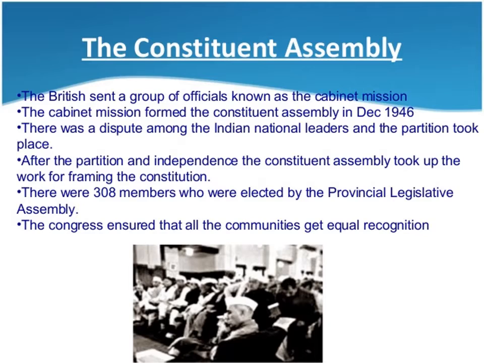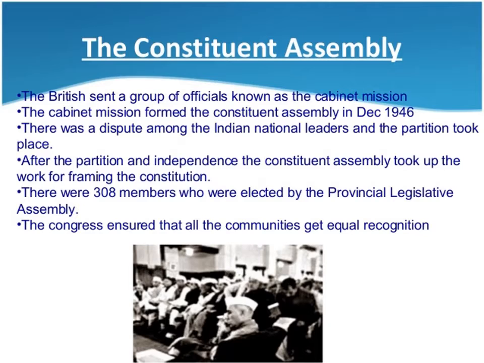Jinnah feared that after partition Muslims would become a minority in India, but the theory of partition was not accepted by Congress, and this created a dispute between these two communities.